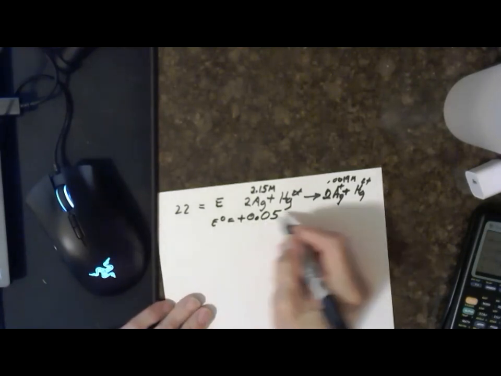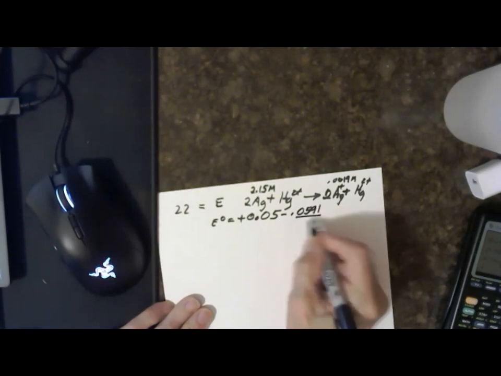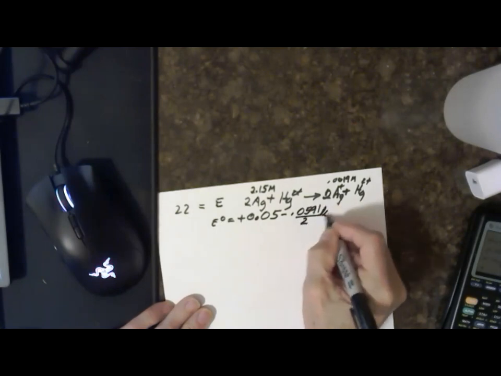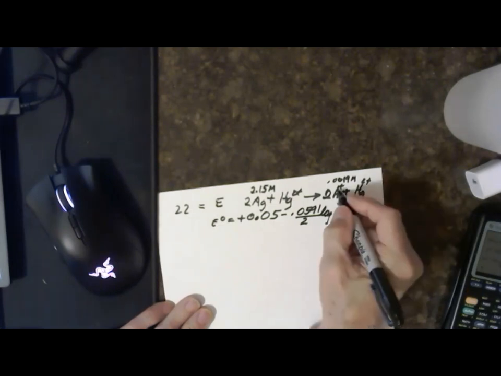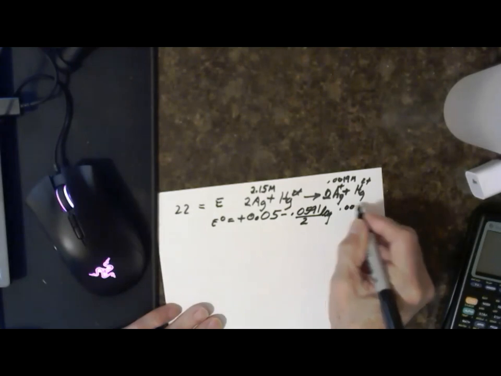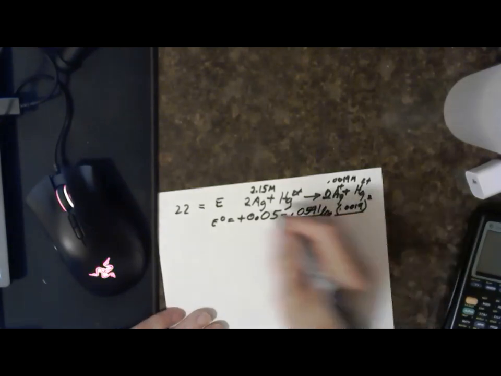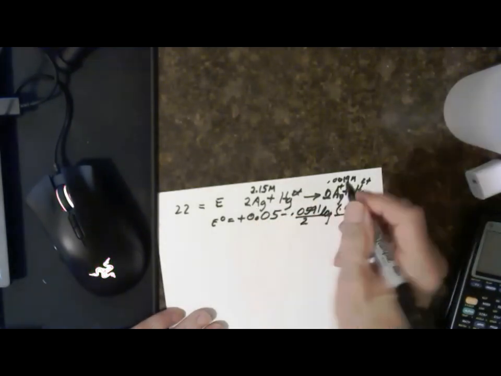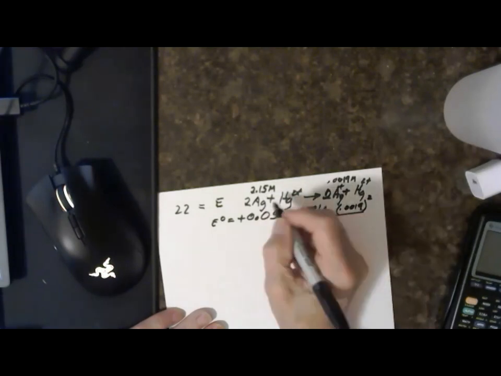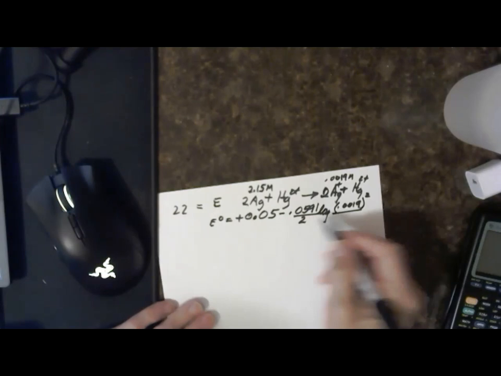So E is E0 minus 0.0591 over 2 log of the silver ion concentration is 0.0019, and that's squared. And the silver ion concentration is, I'm sorry, I got that backwards.